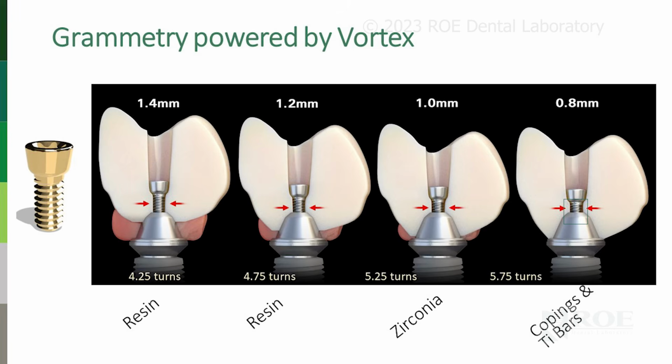If you're working with tie copings or titanium direct to bars, direct to MUA, you want it to be low. It doesn't need to be quite as high, but that way you have more threads for long term hold down in the multi-unit abutment. So that's the philosophy of the Grammetry screw by Vortex.